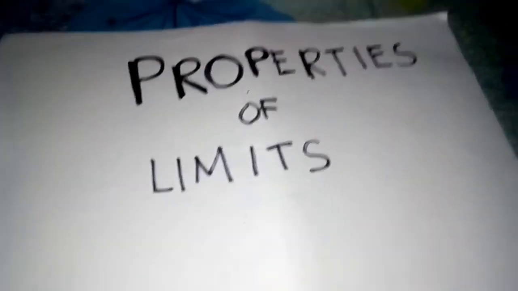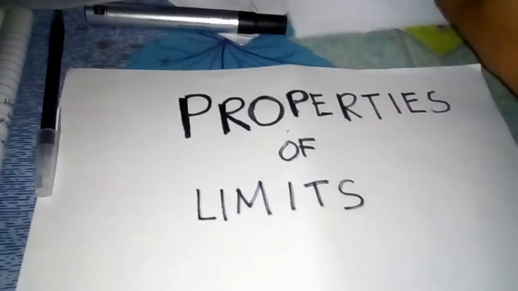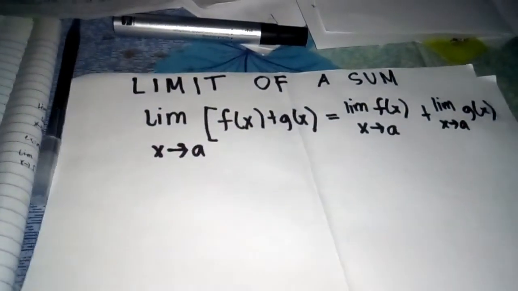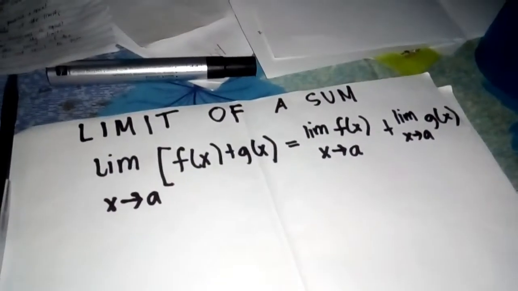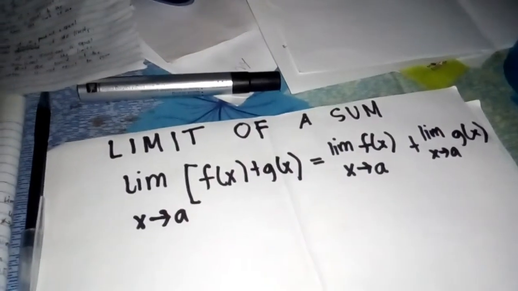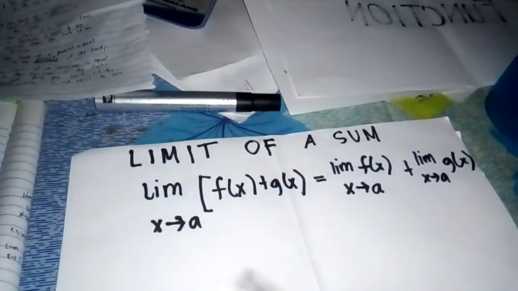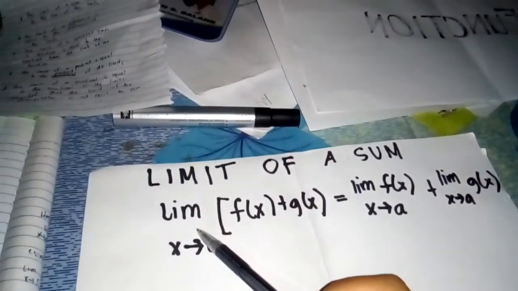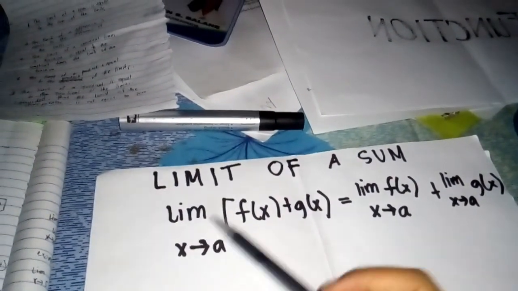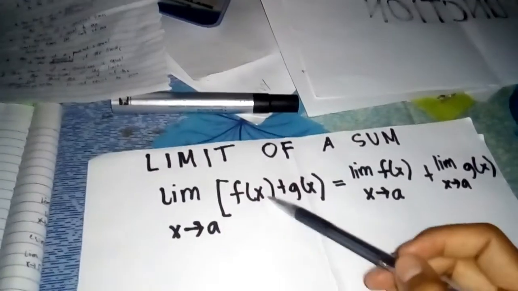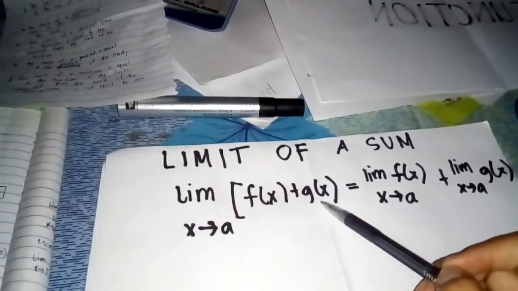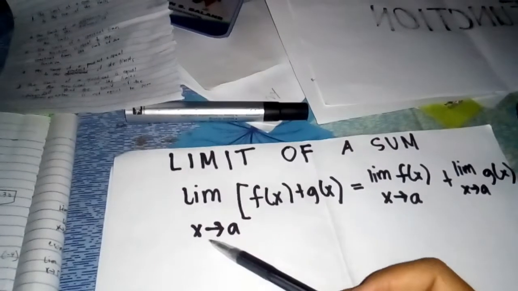So number one property is the limit of a sum, where the limit of a sum is equal to the sum of the limits. So its formula is the limit of f of x plus g of x as x approaches a.